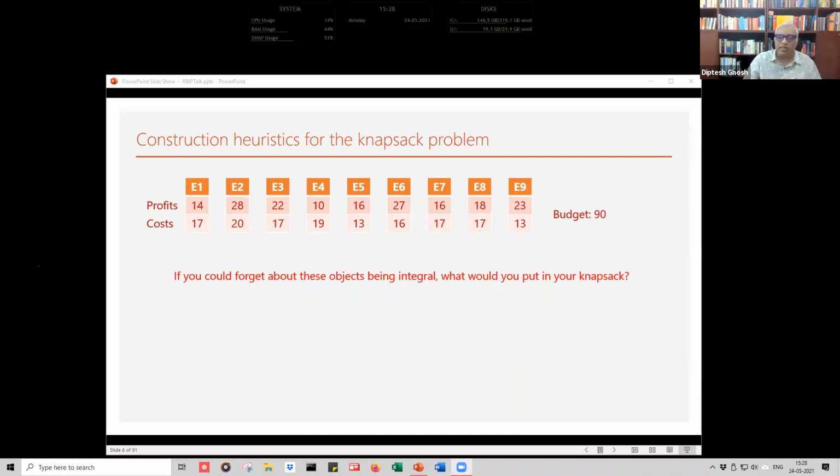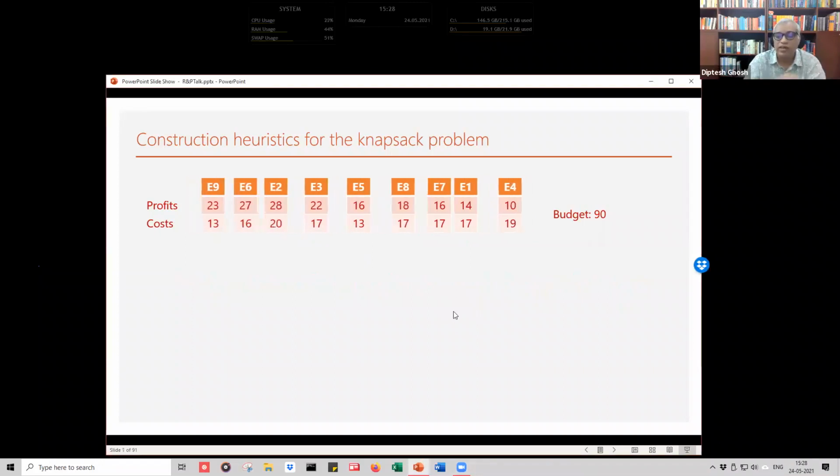So what I would do is take each of these elements and find out a ratio of profit to weight. Okay. So a higher profit to weight ratio means that that's a better use of my budget than another element which has a lower profit to weight ratio. So if I do this, first I would reorder the elements.